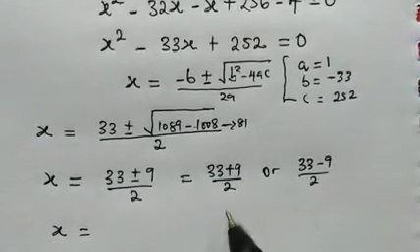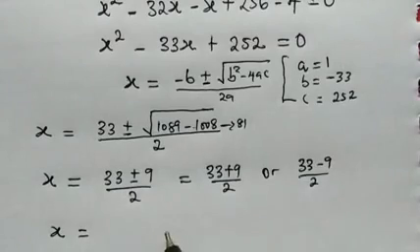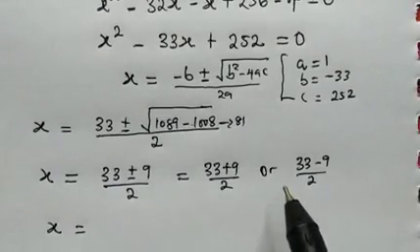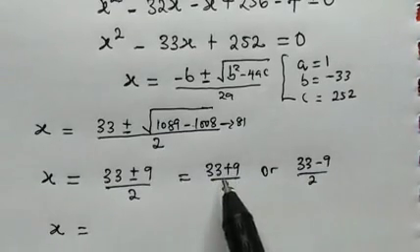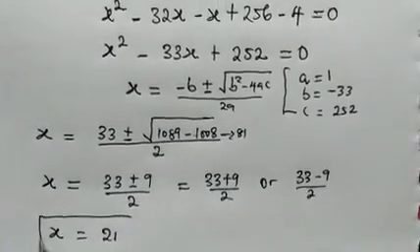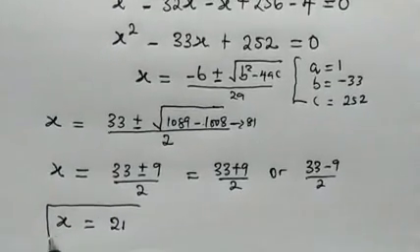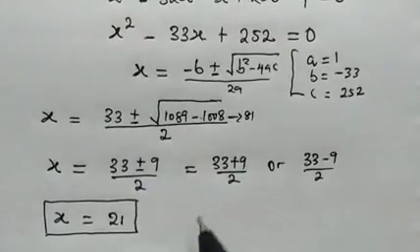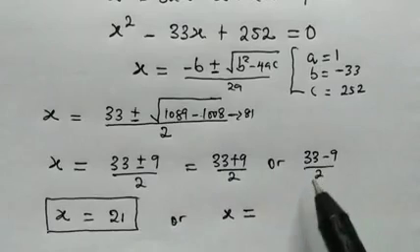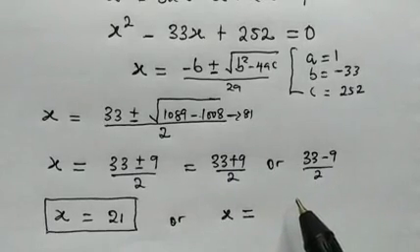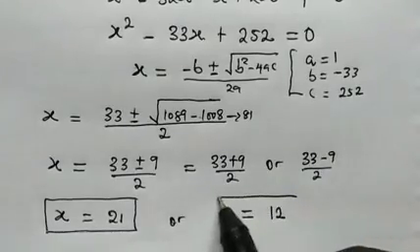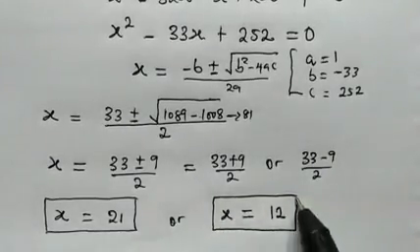Now 33 plus 9 will give us 42, and 42 divided by 2 will give us 21. So we get here that x is equal to 21. Or then we have x is equal to 33 minus 9, that will give us 24. Then 24 divided by 2 will give us 12. So here we get that x is equal to 12.